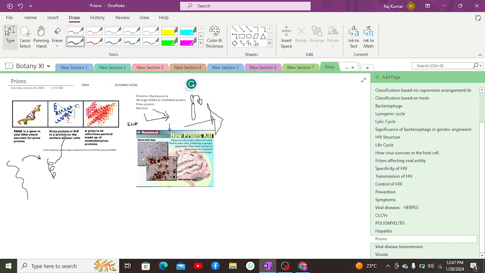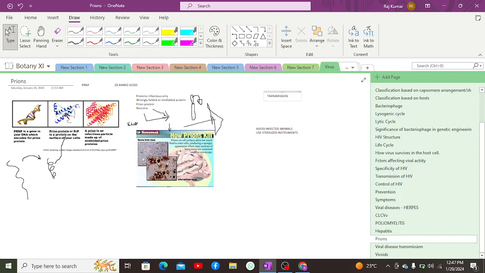Let me just write that down as well. We can also avoid infected animals and use sterilized instruments.